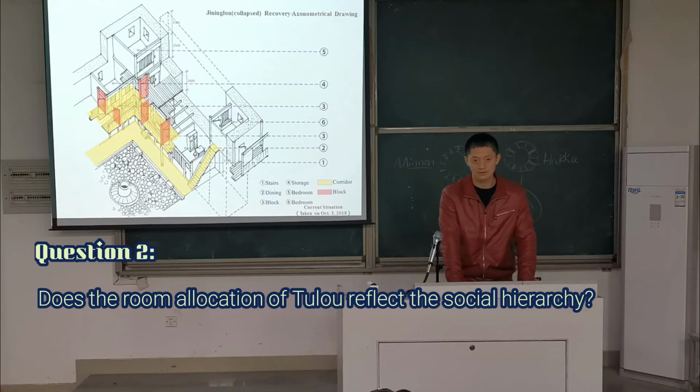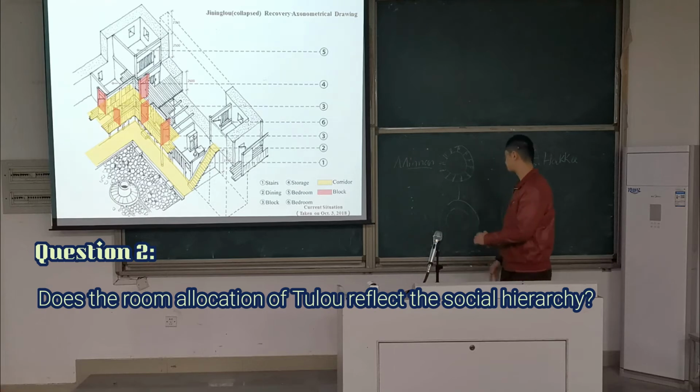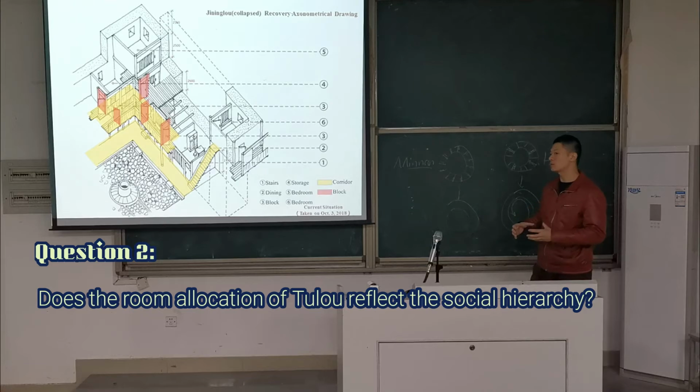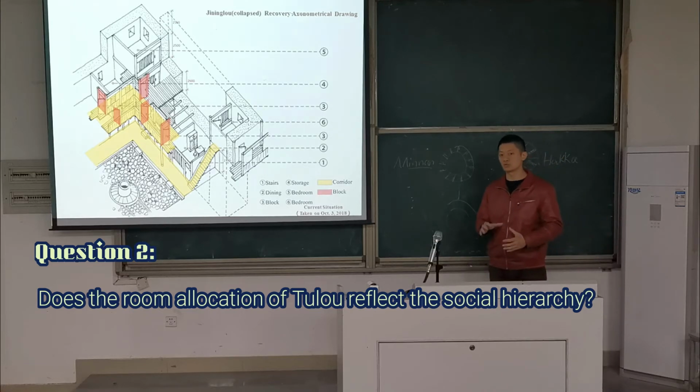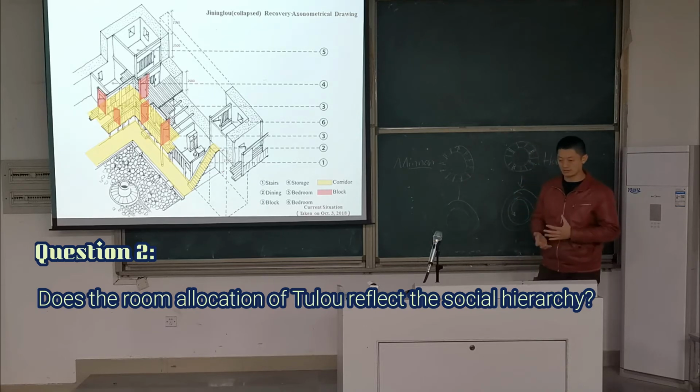Yeah, that's a very good question. That's really good. Because no, there is no certain social level, social hierarchy in each Tulou community, because the purpose of building Tulou is to weaken that kind of hierarchy, making everybody living in Tulou equal, making sure democracy is guaranteed.